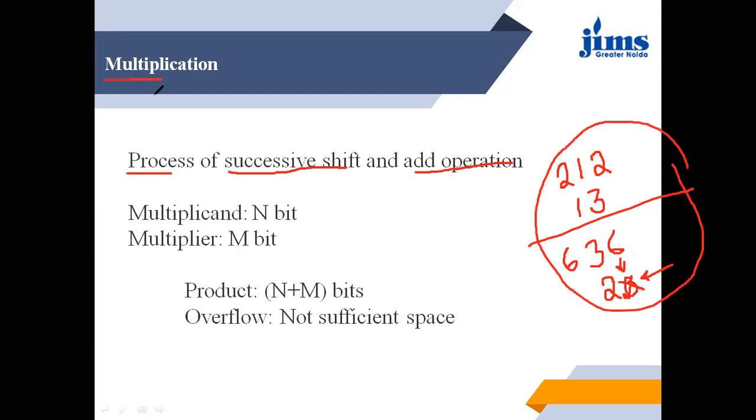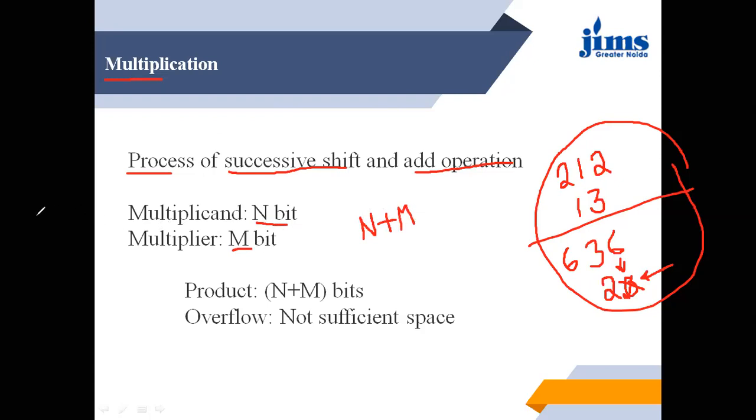So multiplication is the operation of addition as well as shifting of bits. If we have two numbers, where the first number has n bits and the second number has m bits, then the maximum possible number of bits required for that multiplication is n plus m.